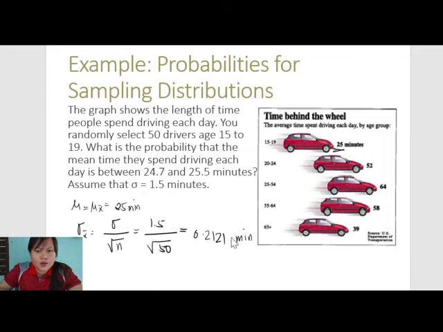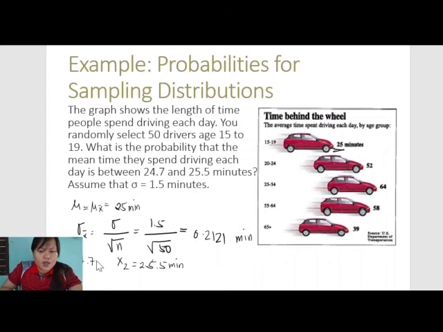So, the question asks for the probability that the mean time they spend driving each day is between 24.7 and 25.5. Therefore, x given is 24.7 as x1, and x2 is 25.5 minutes.